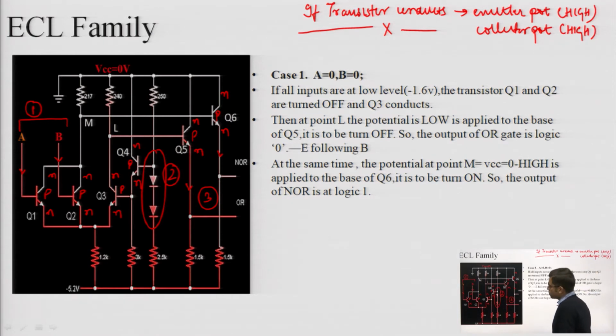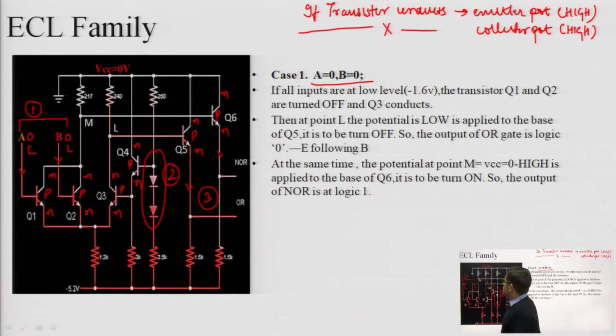Let's start with the case A equal to 0, B equal to 0. That means both the inputs are low. The low inputs are connected to the p base, so these transistors will be reverse biased. That means Q1 and Q2 will not be conducting.